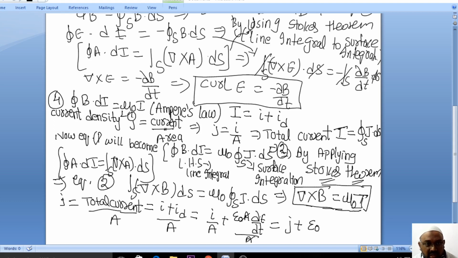You can see current density J is nothing but I by A.